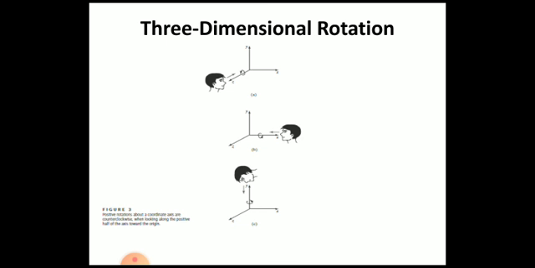Now when we are trying to rotate an object or a point in space, it should happen with respect to all three coordinate axes. For example, the rotation can happen with respect to z, as you can see here.